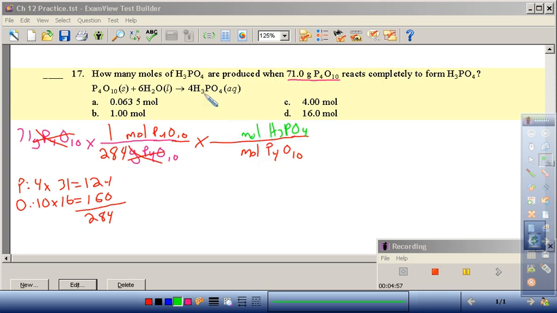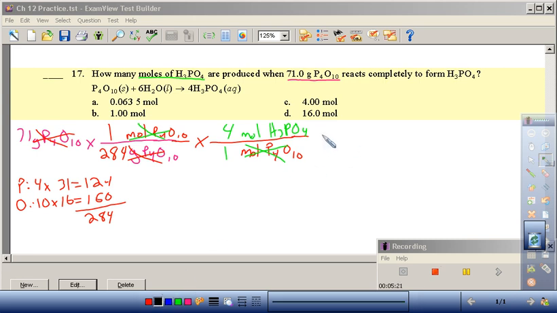Now my mole-to-mole ratio, there's a 4 in front of here, and there's a 1 in front of here. I'm going to cross off the units that are the same. Now I look, I'm in moles of H3PO4, and the question says how many moles of H3PO4, so I'm not going to go any farther. I'm done.